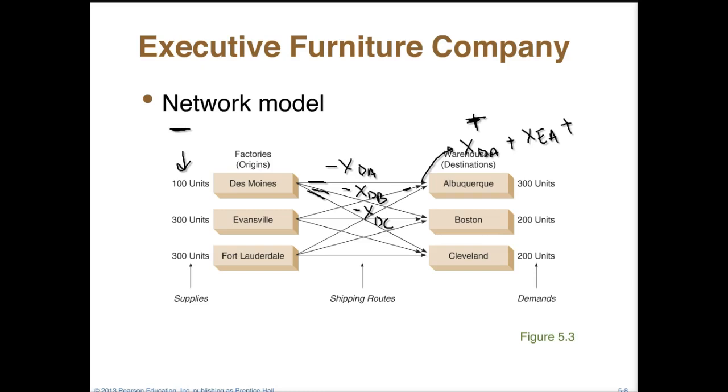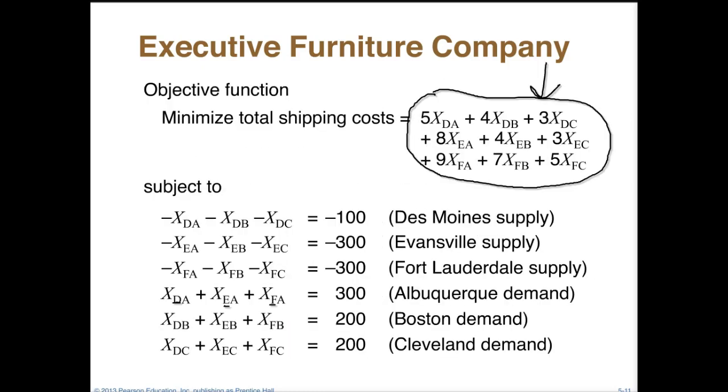And from here, it's from Fort Lauderdale to Albuquerque. What's the same there is Albuquerque, and we see that we have a total of 300 units. So that is how, in this case, we would be modeling the supply and demand for Des Moines and Albuquerque. And of course, we can do the same thing for all of the others.